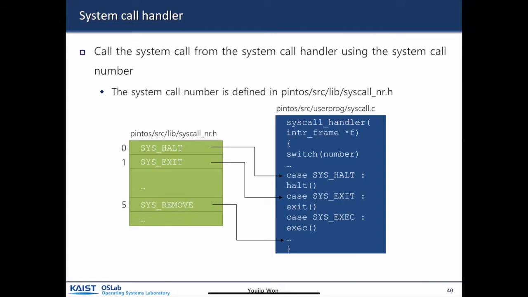Eventually, you have to fill the system call handler with this function, like this. Each system call has its own number. The system call number is defined in syscall_nr.h. For example, in our system call handler table, SYS_HALT, the halt system call, corresponds to system call number 0. The exit system call has system call number 1 and so on.